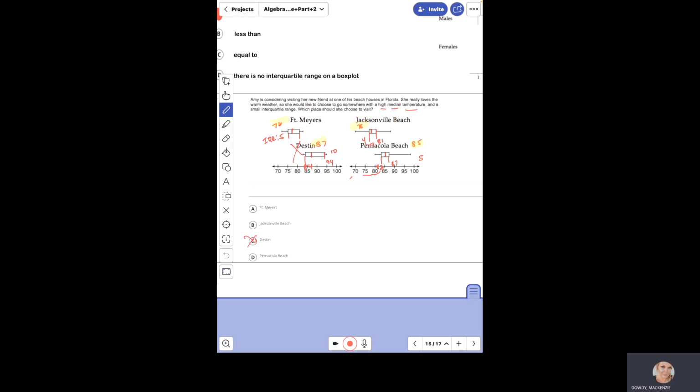Destin has the highest, it's 10. Jacksonville, Fort Myers, and Pensacola are all right about the same as far as the IQR. It's 5, 4, and 5. So it said she wants a high median. So we've got Fort Myers at 76, Jacksonville at 78, Pensacola at 85. Pensacola has the highest median. And like I said, the IQRs are about the same. So I'm going to go with Pensacola.